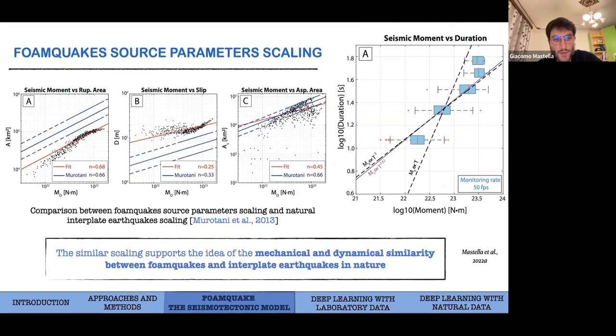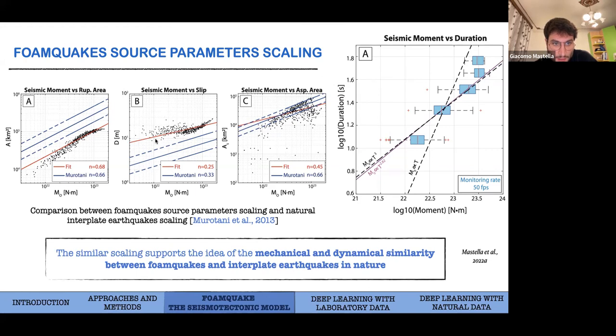In particular, we investigated the source parameter scalings of the frictional instabilities that we can generate with FOAMQUAKE. And interestingly, we found that analog earthquakes follow a similar source parameter scaling as large interplate earthquakes. For example, here I represented the relationship between the seismic moment and rupture area, seismic moment and average dip, seismic moment and asperity area, and seismic moment versus duration of analog earthquakes.